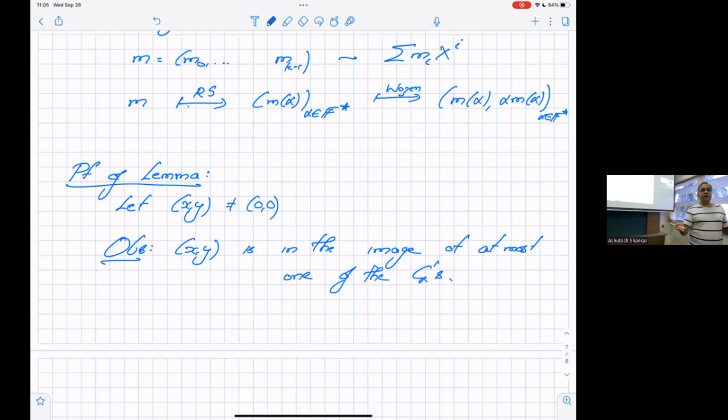Therefore, the number of C alphas which have low weight code words should also be small. It doesn't matter which representation you use. The point is, the Wozencraft ensemble is an extremely explicit ensemble, except that I do not know which of the C alphas are actually good. No matter which representation you choose, most of them are good, but I don't know which one. It would be good to find a particular C alpha for which it's true. We don't know how to do this.